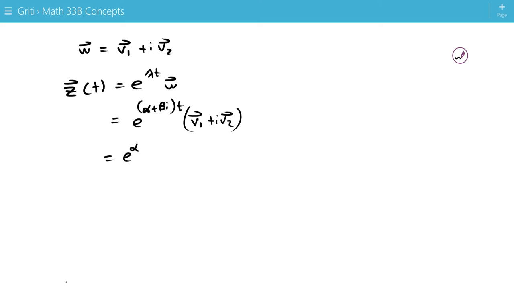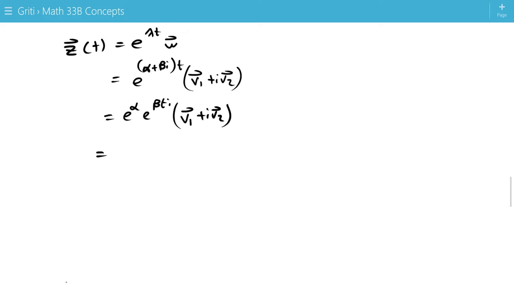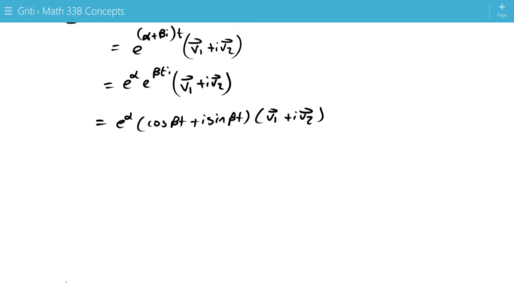simplifying this, we'll get e to the alpha t times e to the beta t i times v1 plus i v2. Using Euler's formula, we can convert this into cosine beta t plus i sine beta t. And we can just distribute this.